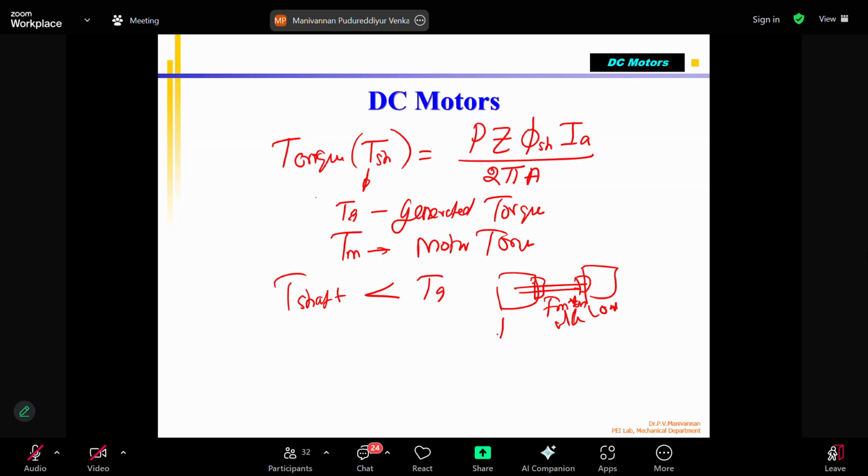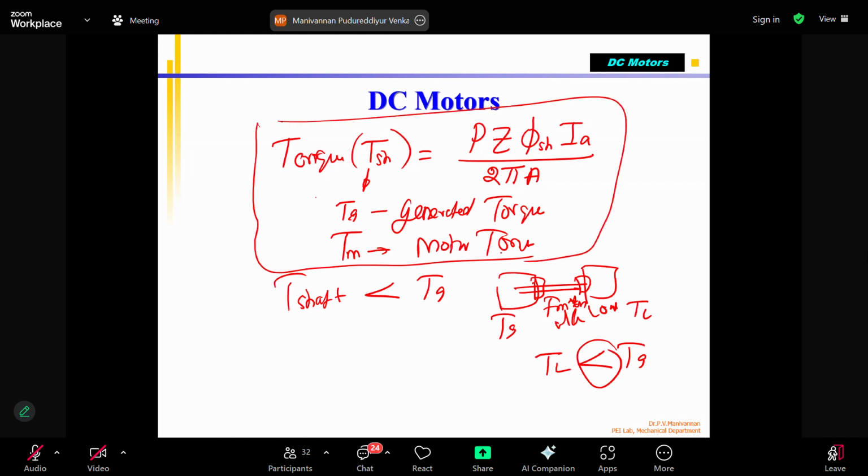Because of that, the torque supplied to the load, TL, will always be lesser than TG. So what we are calculating here is the generated torque or motor torque of the shunt motor.